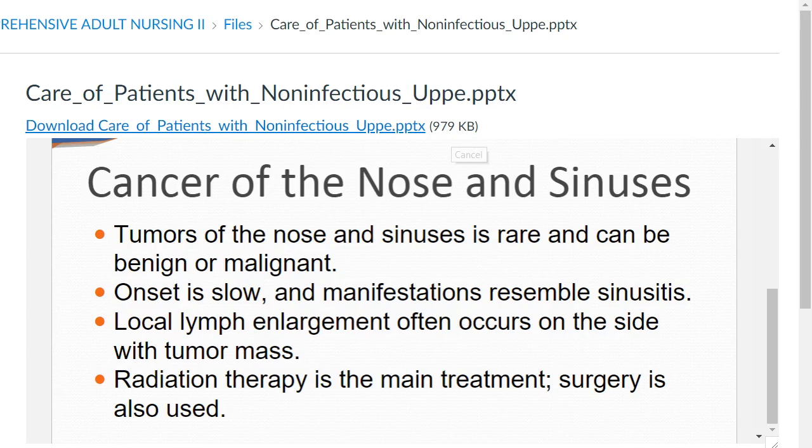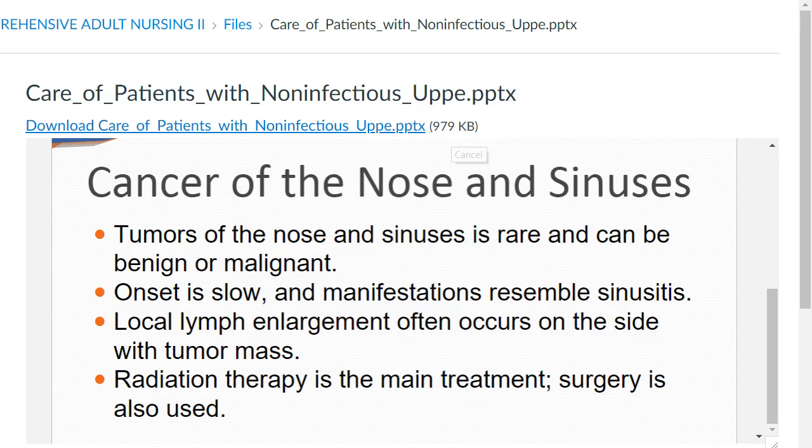The incidence is usually in the age group of about 40 to 45 years old, more prevalent in men during those years. For women, it's a little older, 60 to 65 years of age. Asian Americans have an increased incidence of nasopharyngeal cancer, okay? And a lot of the manifestations are persistent nasal obstruction, sometimes bloody discharge, pain, and as I said before, lymph node enlargement.